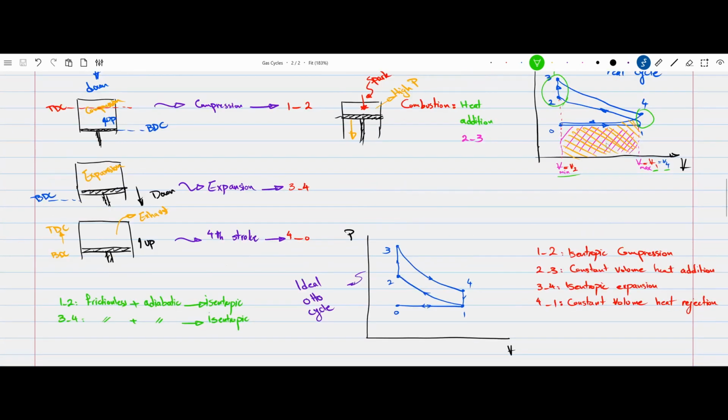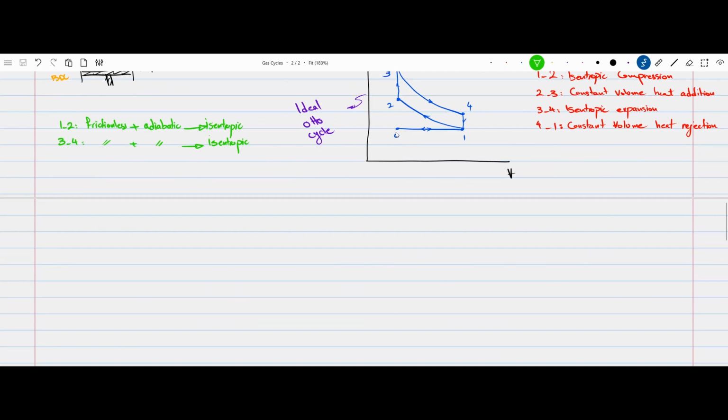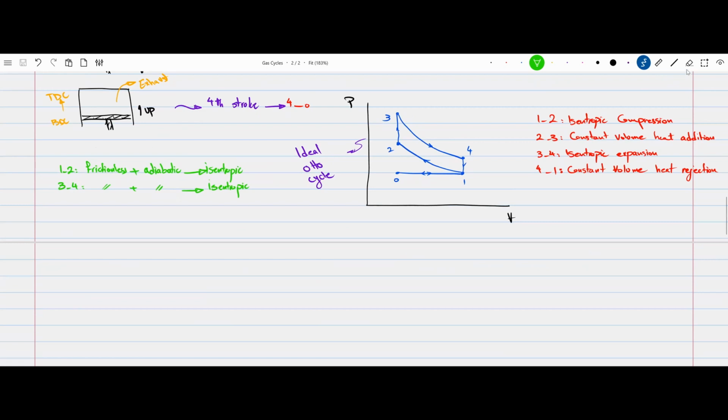Now, based on the orange and pink argument that I had for the work done and the work required for processes 0 to 1 and 1 to 0, we can see that this line on the PV diagram is not that important, and in most references and in most applications, like 99% of all the applications, this line is not even shown. This 1 to 2, 2 to 3, 3 to 4, and 4 to 1 is the ideal Otto cycle.